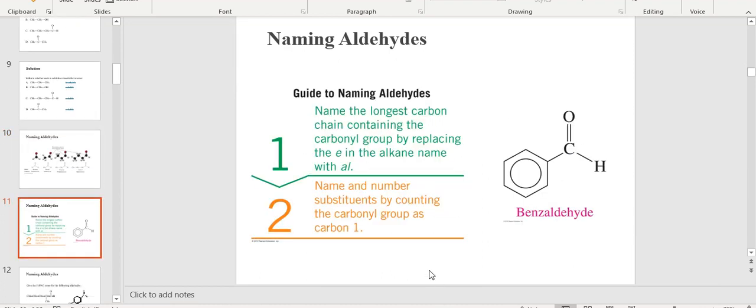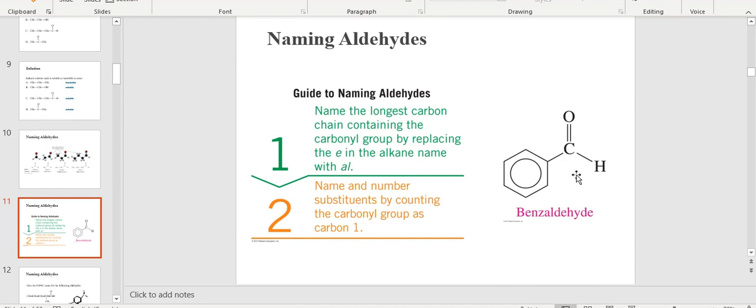So naming aldehydes, again, be careful of these ugly benzene side groups, and you'll have a look here. Like, you've got a benzene group here, and you've got an aldehyde group here. Who's the big boss? What is this thing going to be named after?